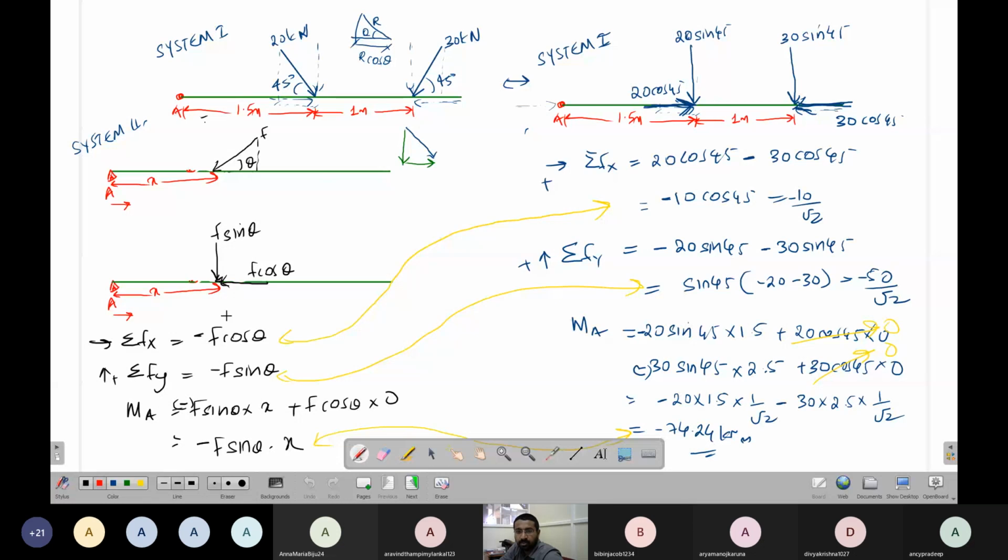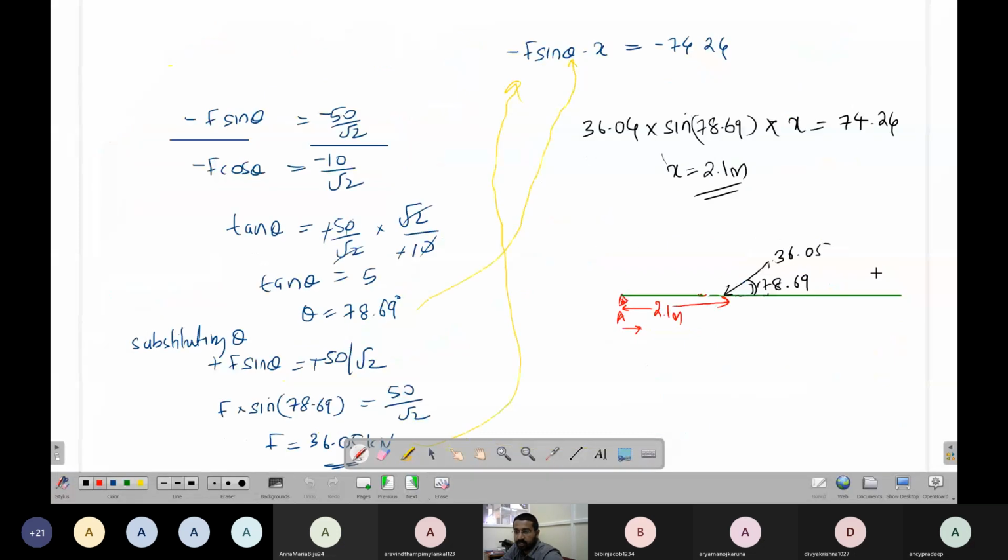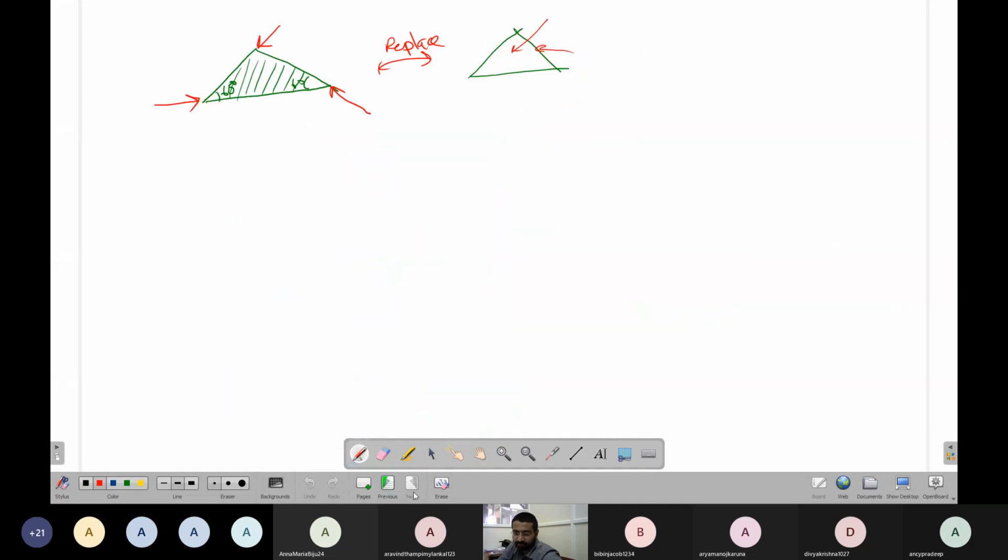Before that, what we have done is force systems and equivalent forces. Now we have to expand this. For example, converting this system of forces. It is basically an easy analysis.